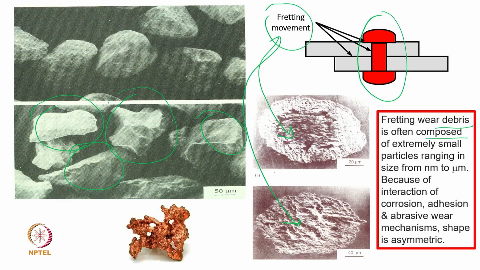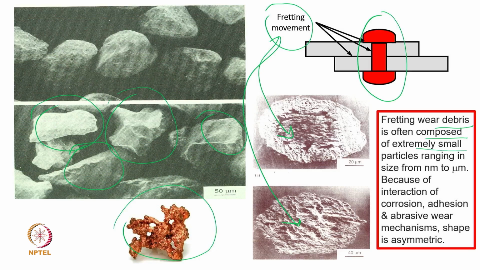Then if another particle gets separated, there will be an adhesion mechanism between the particles themselves, and if there is some sort of closed loop in this case, obviously because of the joining of two particles, even though initially maybe a spherical shape, because of the deformation and the joining, they may get irregular shape, and quite possibly this kind of shape may emerge also, because there is a continuous action.